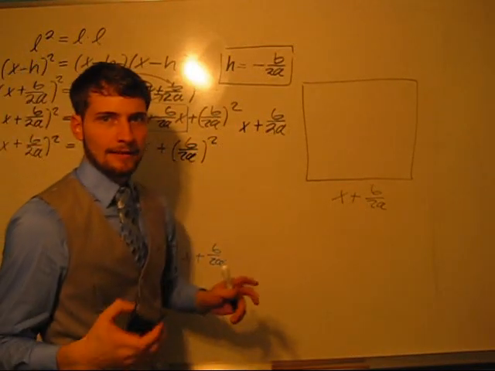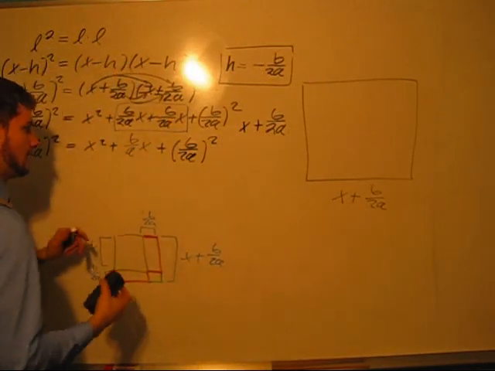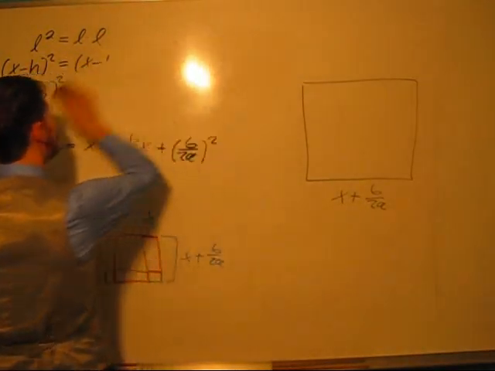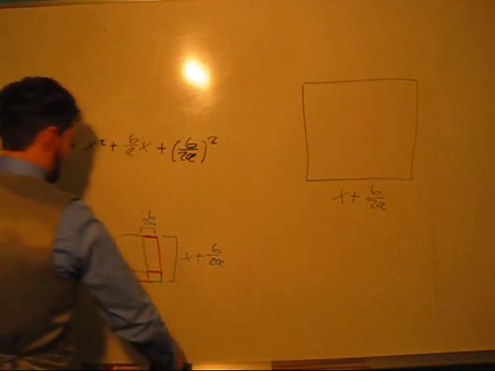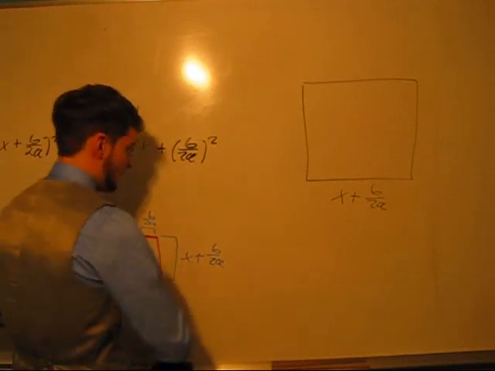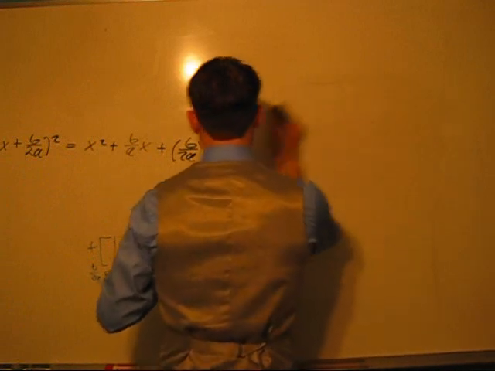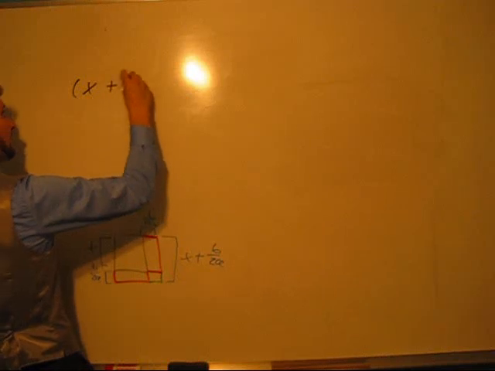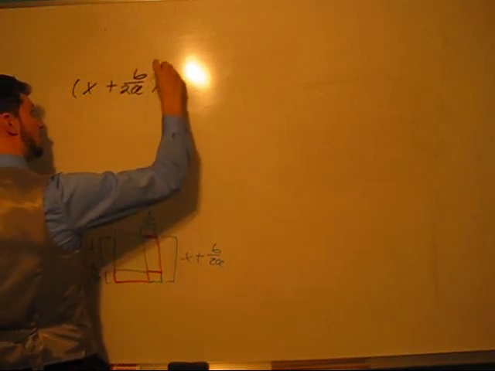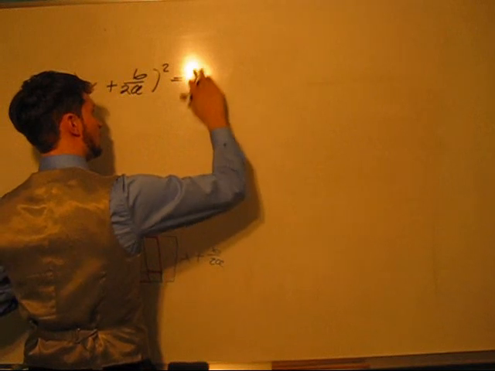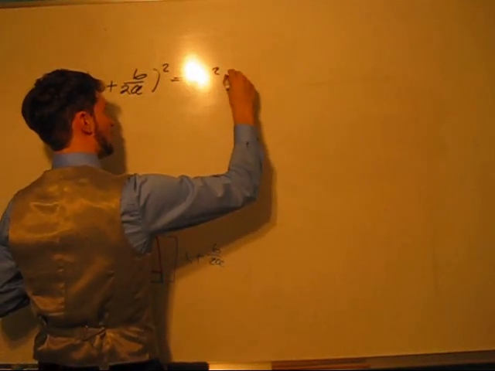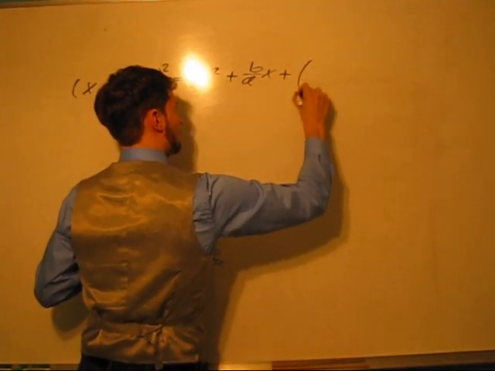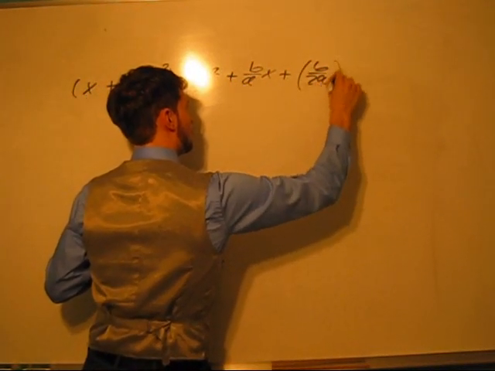So the first and most important thing to take from this entire video is that a perfect square is defined by the equation (x + b divided by 2a) squared equal to x squared plus b over a times x plus (b over 2a) squared.